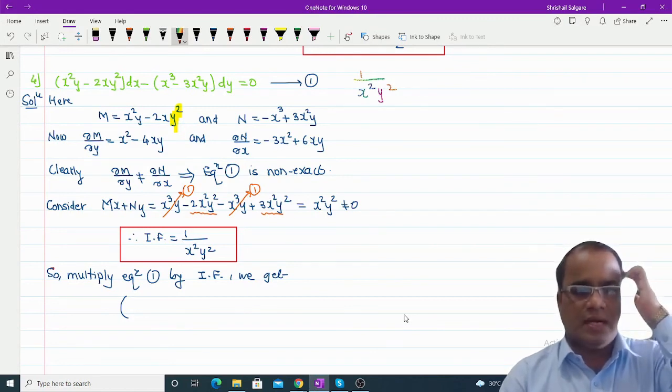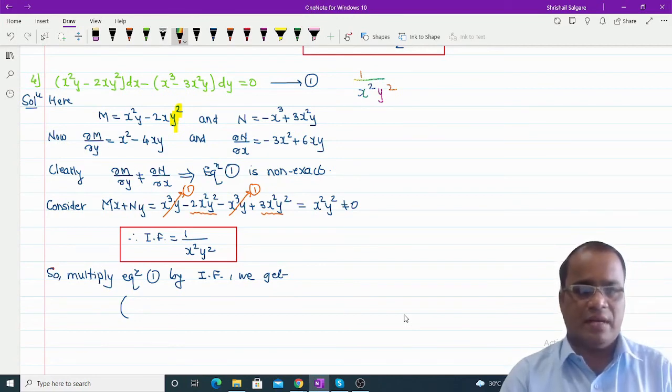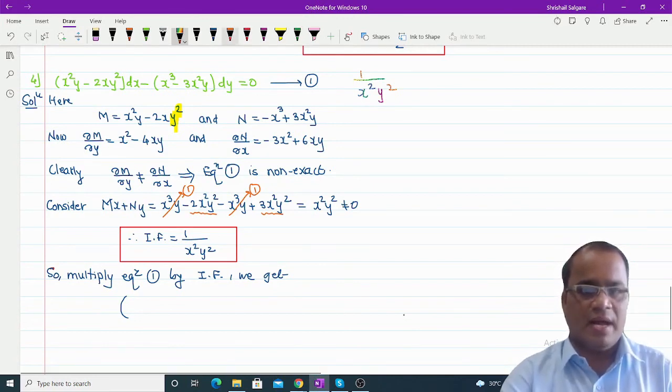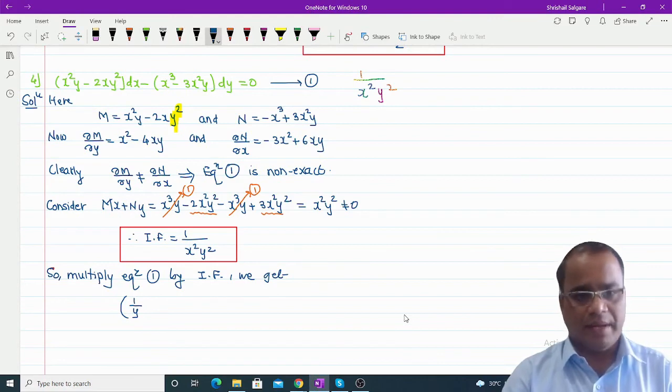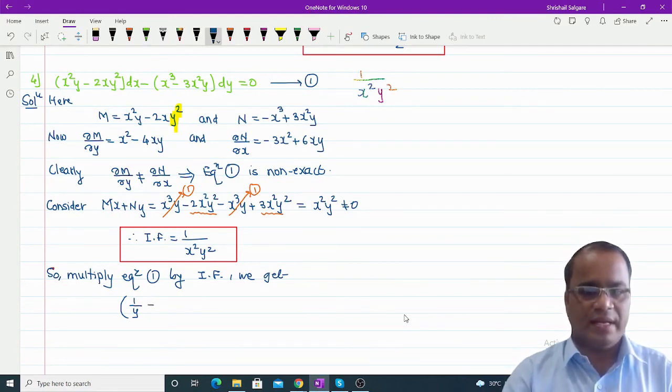Now the first term: x square gets cancelled, y upon y square is 1 upon y, minus y square gets cancelled, it becomes 2 upon x, is it right?